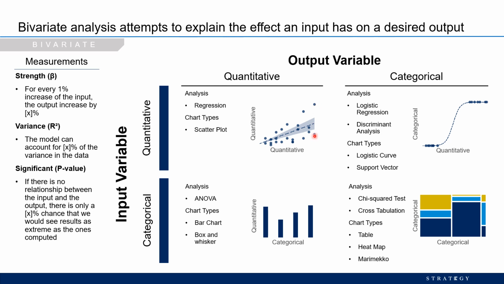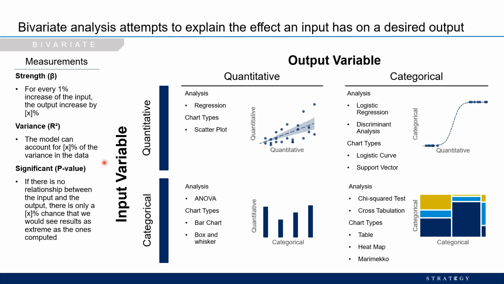If all of these dots fell on the line, that meant our model would be able to account for all of the variance within the data. So the distance between these dots and where the line of our model is, that is what variance tries to describe. And that's usually done in the form of an R squared.